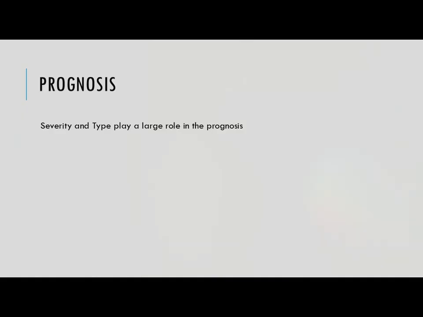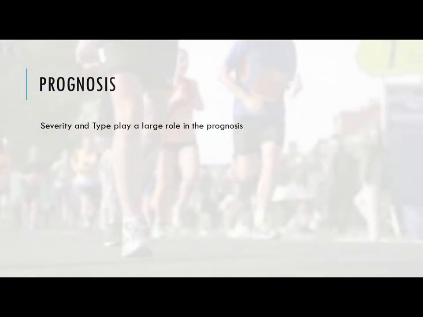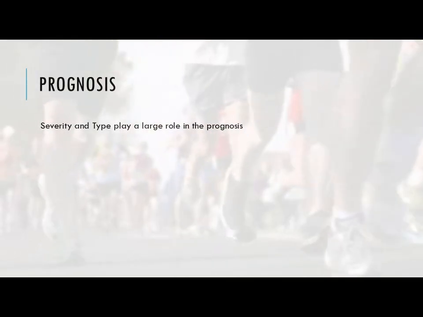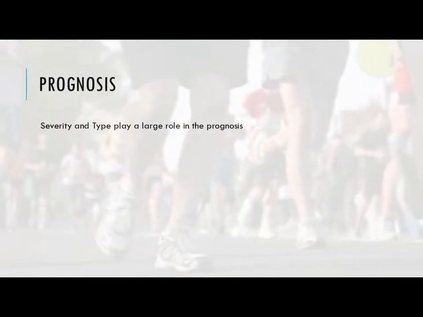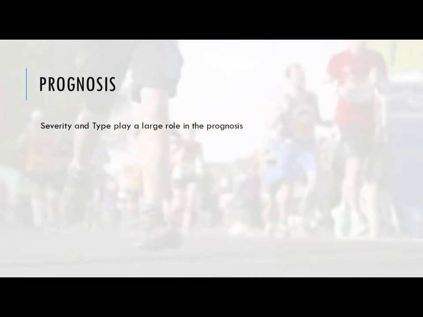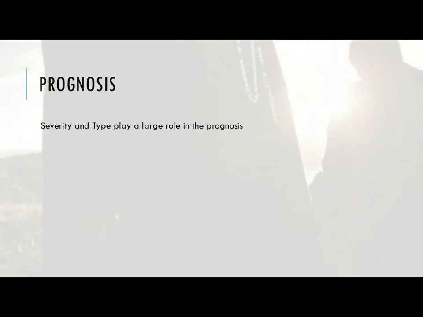Now, overall, what's the prognosis for someone with psychotic disorders? If there is early treatment, that is really critical for improving long-term outcomes for individuals with psychotic disorders. It also depends upon the severity and type of the disorder.